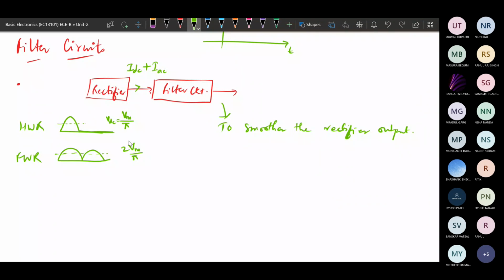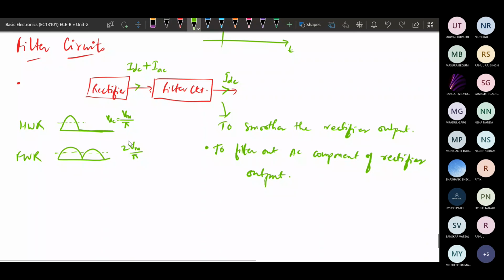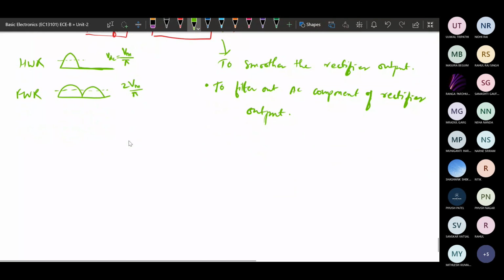So our motive in the filter circuit is to have only the DC component. We are going to filter out the AC part of the rectifier output. This is the motive of filter circuits.